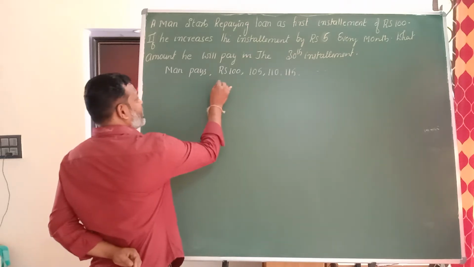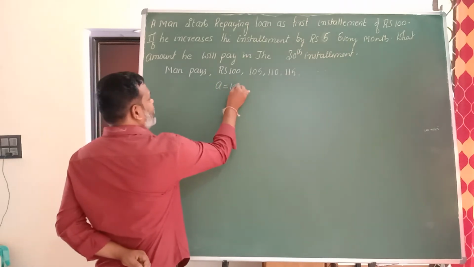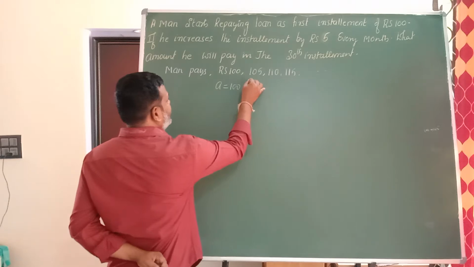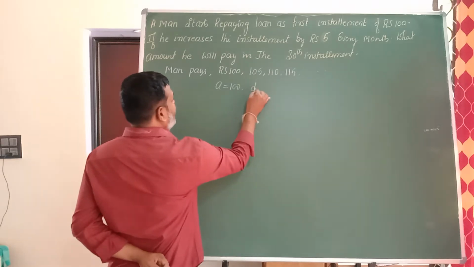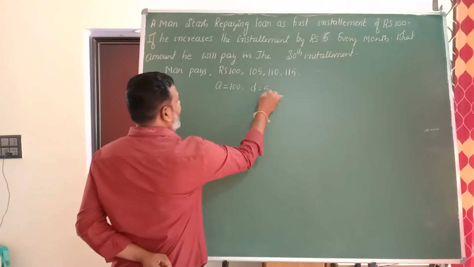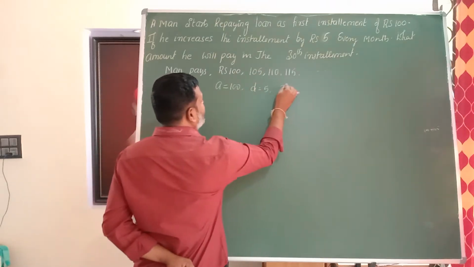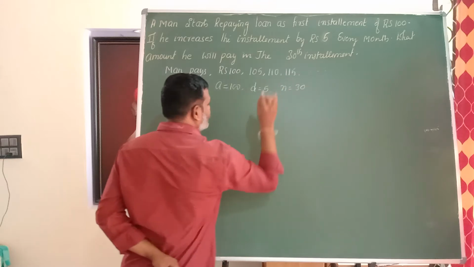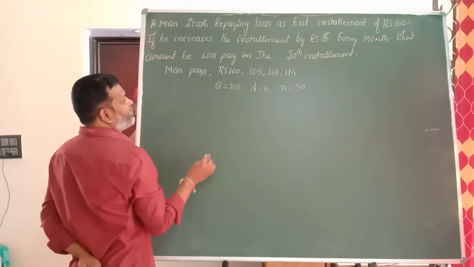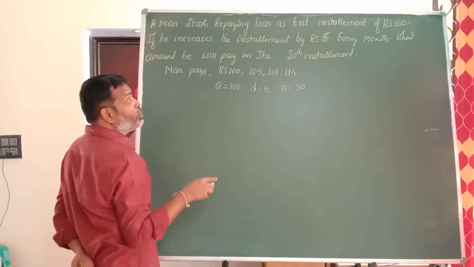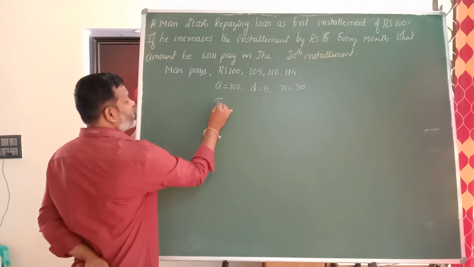Let A be 100, the common difference D is 5, and n is 30. At the 30th installment, we have to use this formula.